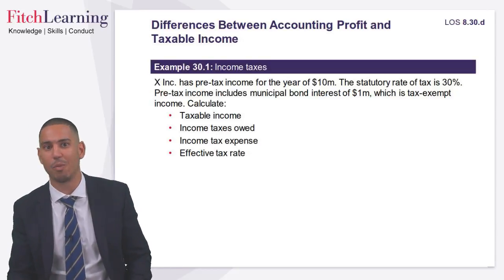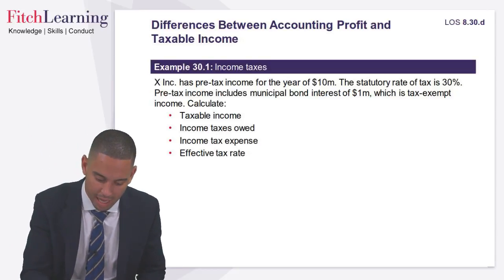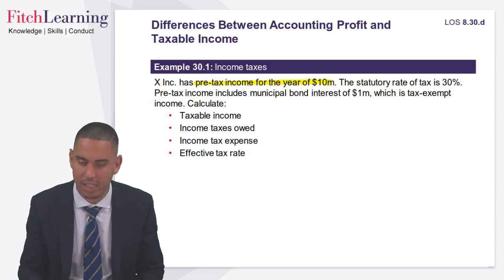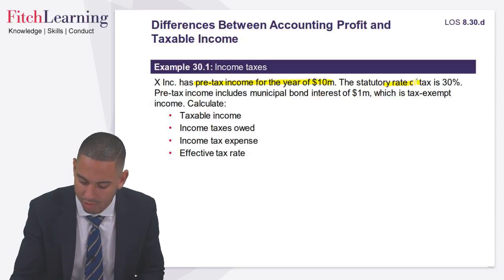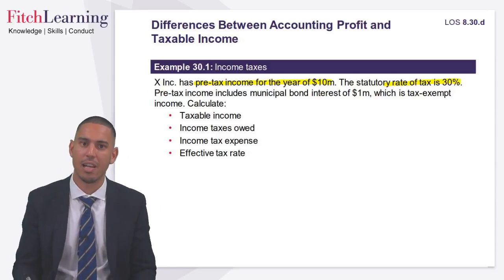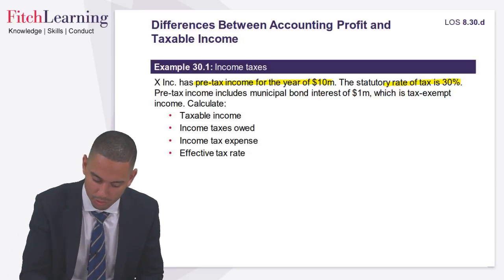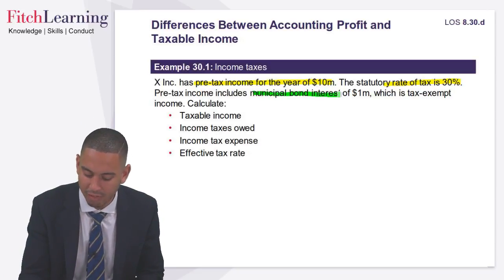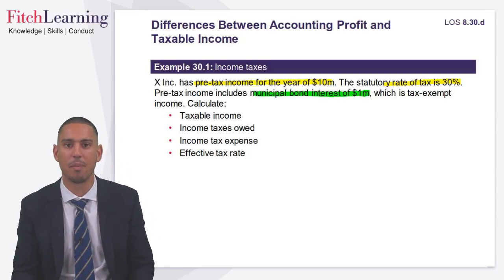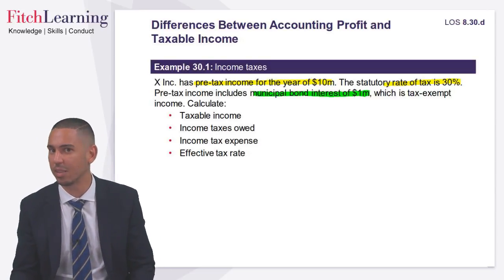And on the next slide, we've just got an example of this. So we're saying, okay, we've got a company, they've got a pre-tax income of 10 million. We've got a statutory rate of tax of 30%. This 10 million includes a tax-free income of 1 million. Calculate number one, the taxable income.